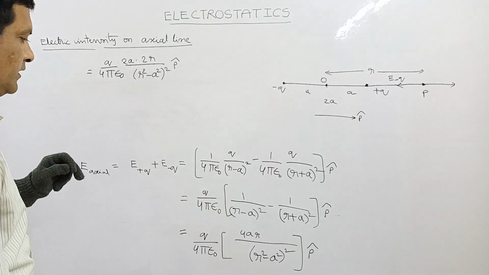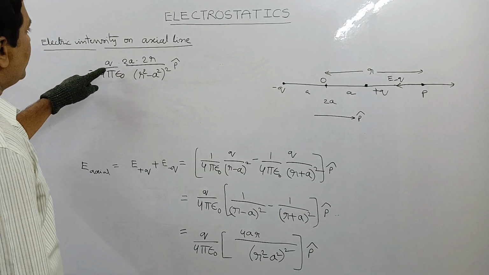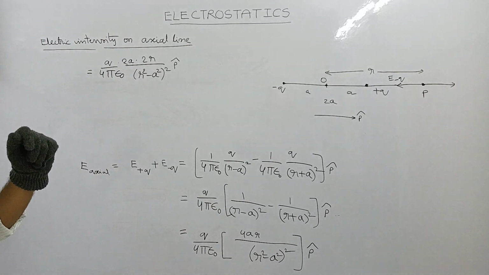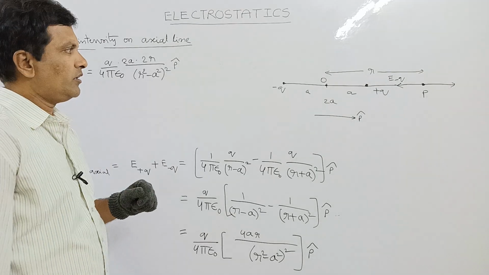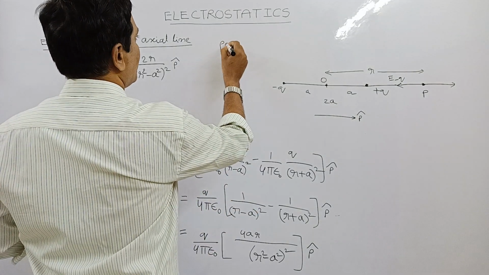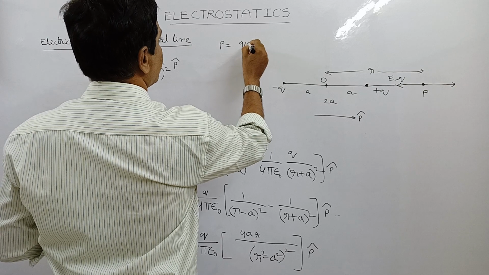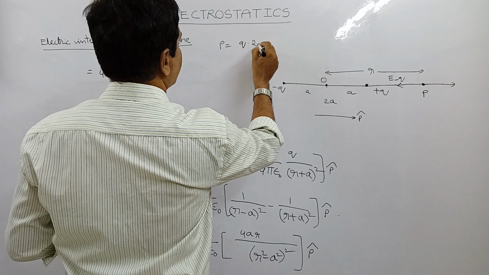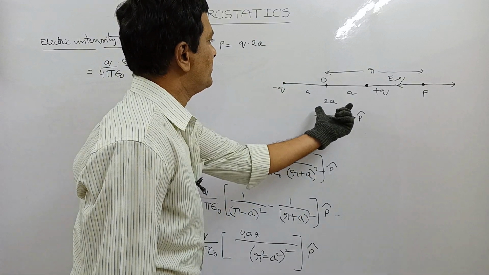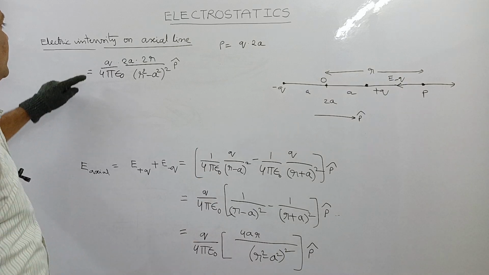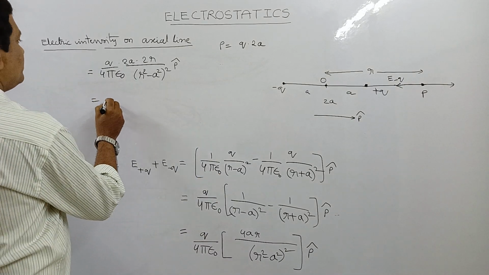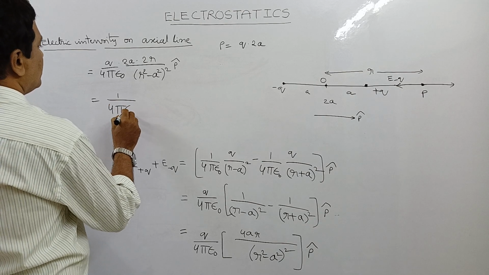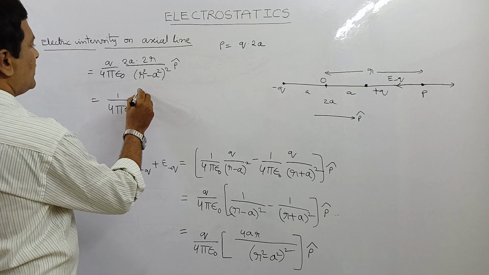See here, 2a, the length of the dipole, into q, we can consider as the dipole moment, right? What is the dipole moment? Dipole moment of a dipole is equal to charge and the distance between the two charges of the dipole. Here the distance between them is 2a. So q into 2a will become the dipole moment.